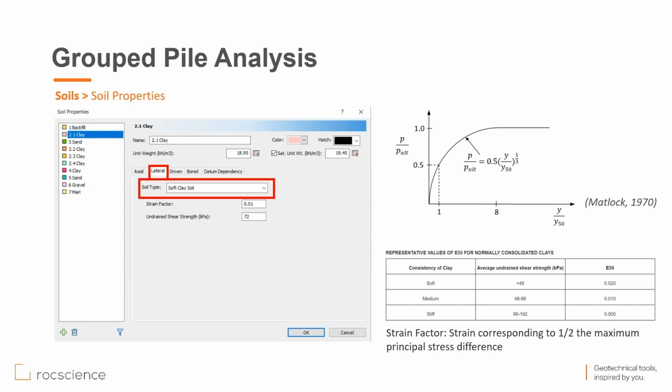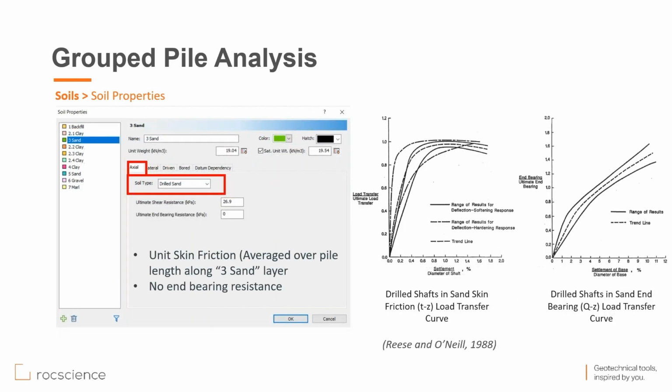In case you don't have any idea of what that may be, and you are missing any theoretical data or field data from actual field loading tests, the references just guide you to make a rough selection of what may be appropriate for selecting the strain factor. And it's clearly documented within RSPile.